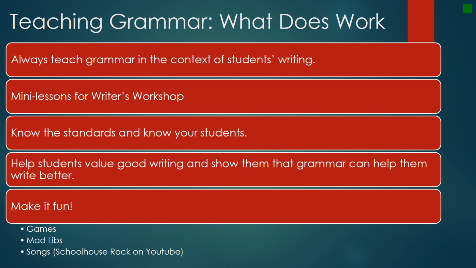Use things such as games and Mad Libs and songs. You can check out Schoolhouse Rock videos on YouTube, which this website has quite a few examples of grammar songs. Just look for any and every way that you can to make teaching grammar something that is effective and learning grammar something that is fun.